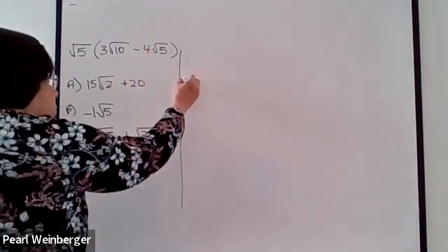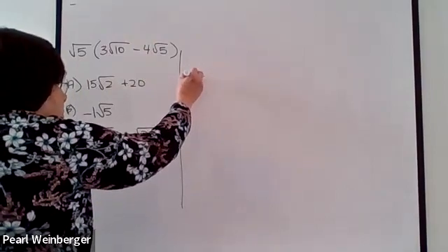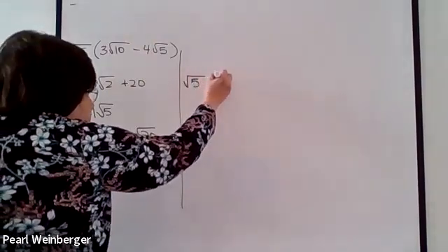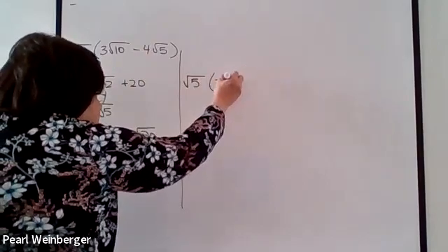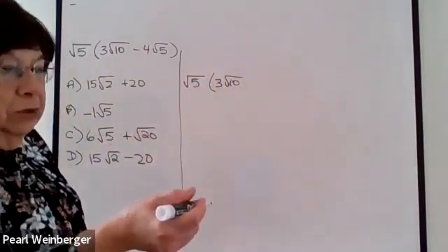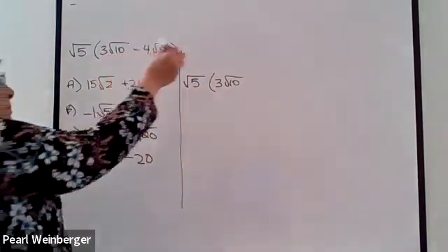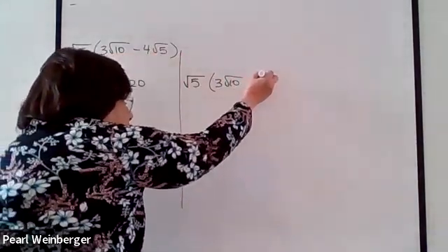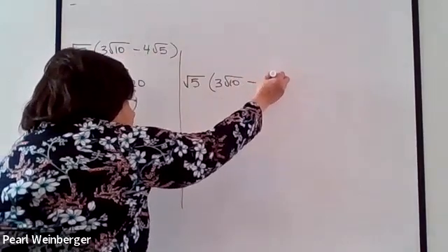We want to do the square root of 5 times 3 radical 10 minus 4 radical 5. Notice sometimes I'll say radical 10 and sometimes I'll say the square root of 10. It means the same thing.